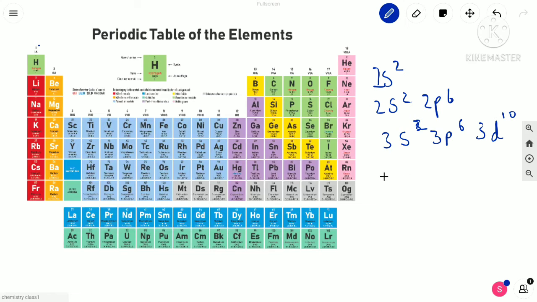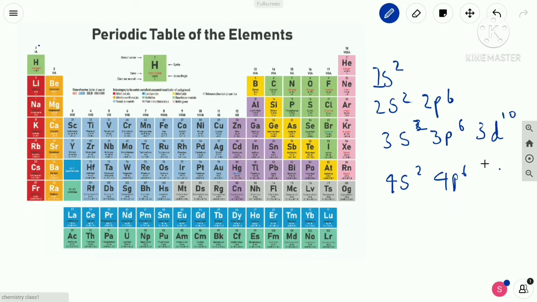Then we'll have 4s2, 4p6. Yes, so I got disconnected.